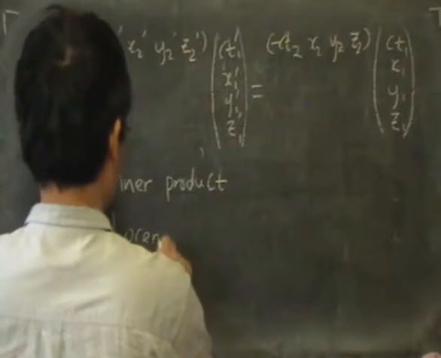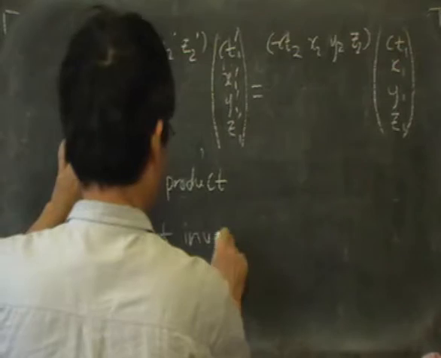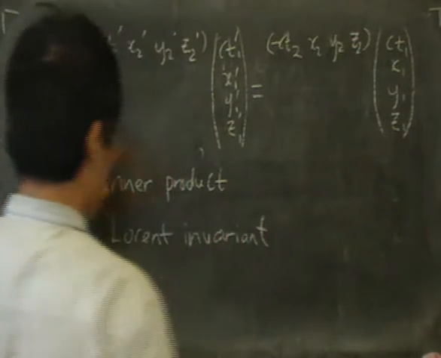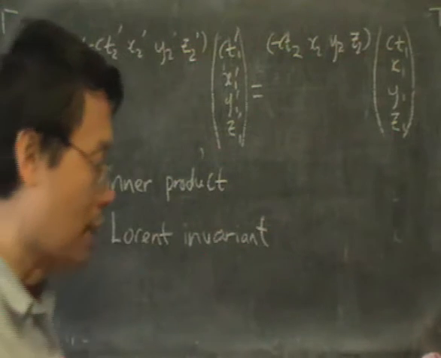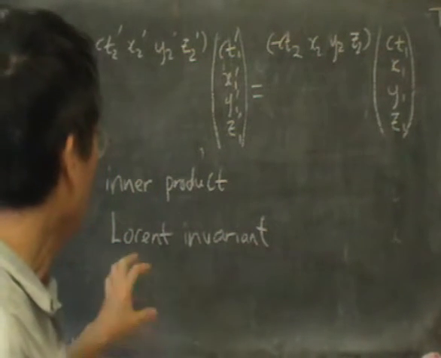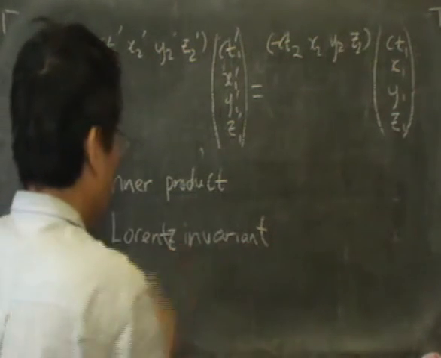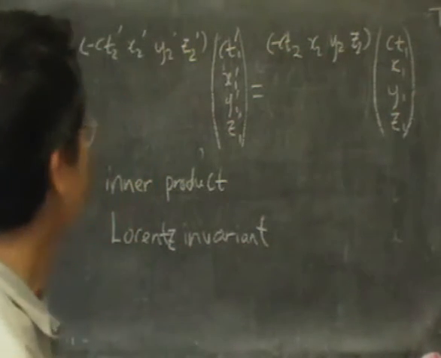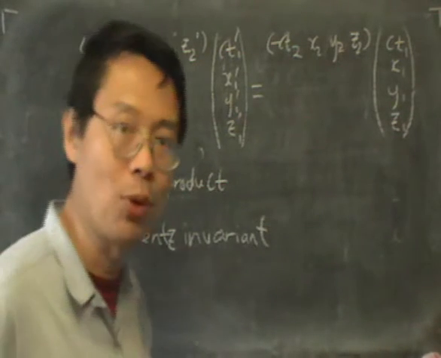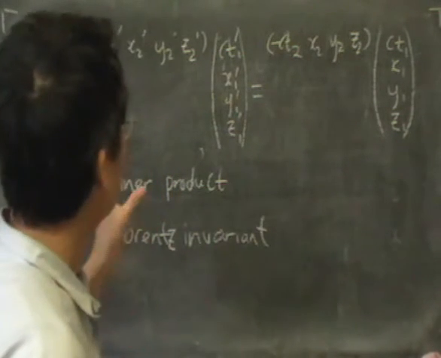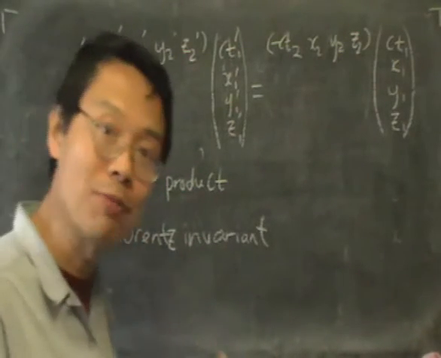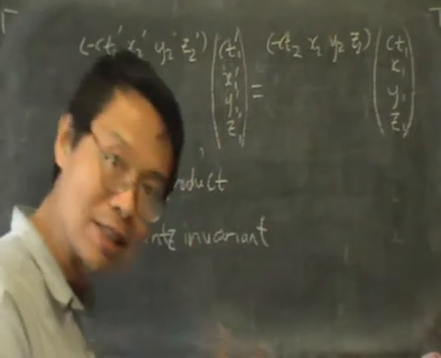Or we could also say that the inner product is Lorentz invariant. And if we say that in just 3 or 4 words, this is what we mean. Alright, all that I've described in the past 5 minutes, that's what we would mean.